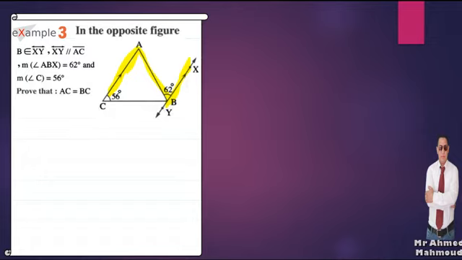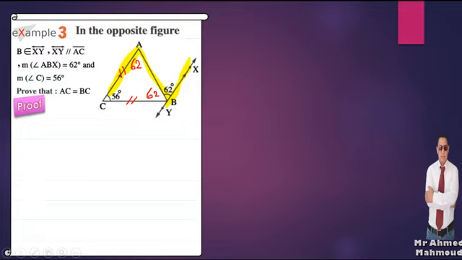That means this angle A equals 62, alternate with this angle. Now to find the third angle, we are going to make 180 minus (62 plus 56), equals 62. That means AC equals BC, and this triangle is called an isosceles triangle.